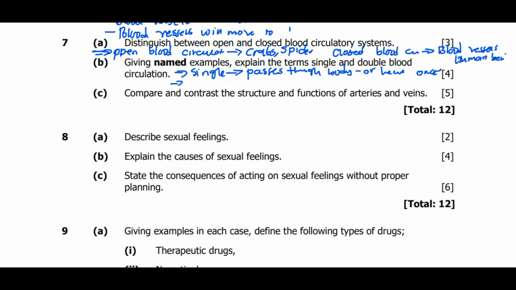An example of single is fish. Fish has single circulation. Apart from fish, even amphibians.